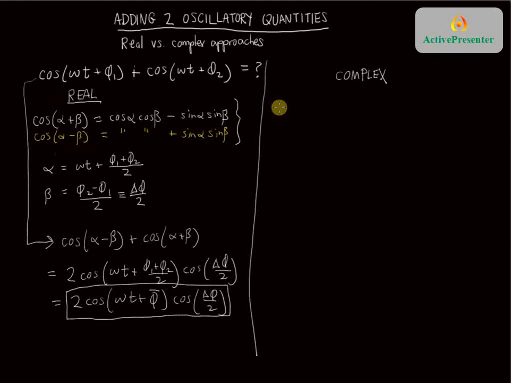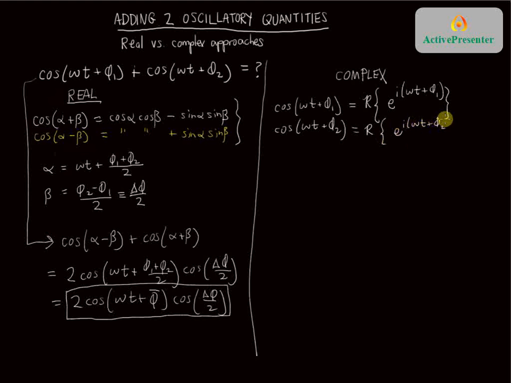We say that the cosine of omega t plus phi 1 equals the real part of e to the i omega t plus phi 1. Of course, we say the same thing for phi 2. So we add those two things together.